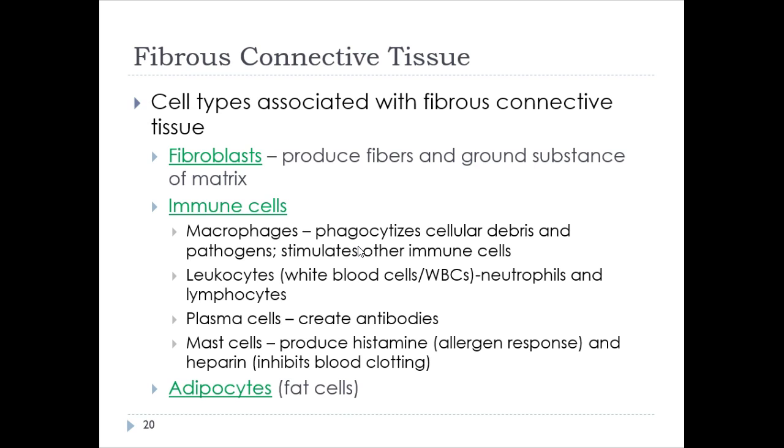Leukocytes, these are white blood cells, and they are designed to kill certain things but not others. We'll talk about them more in 202. Plasma cells create these things called antibodies, and these antibodies are used when you're sick. They're basically ways that you can coat these bad guys and call over macrophages and things to eat them.